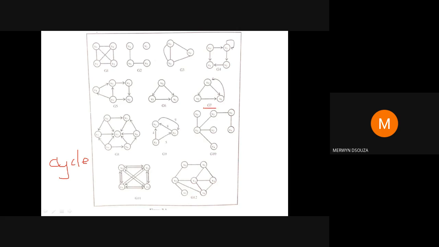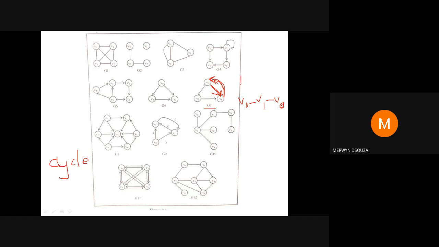I ask you to find a path where the starting and the ending node are the same. If the first and the last vertex are the same in the path, then we can call that a cycle. You can see here I can go from V0 to V1 using this edge, and using this edge from V1 I can go back to V0.